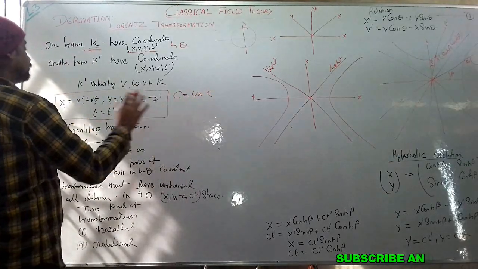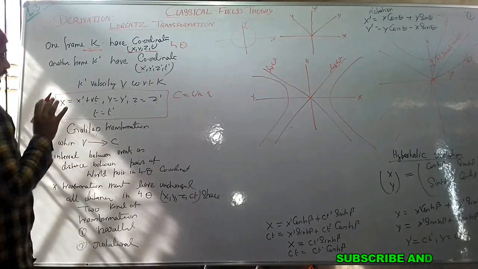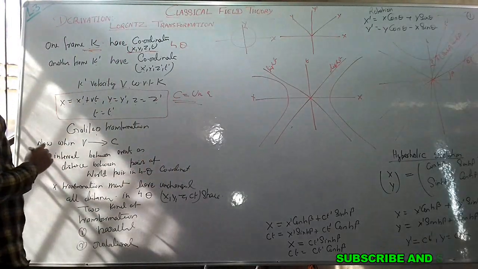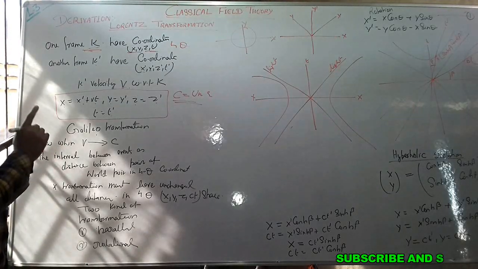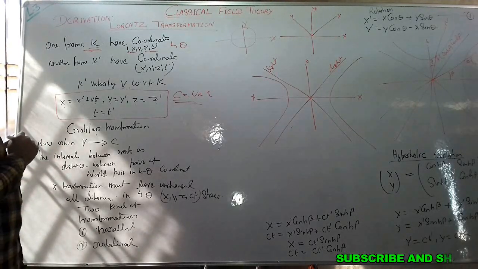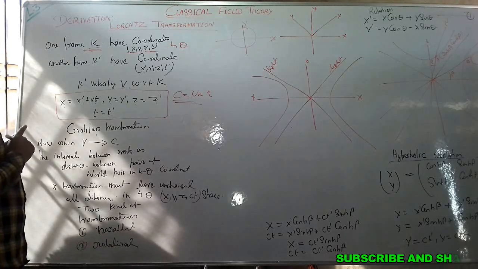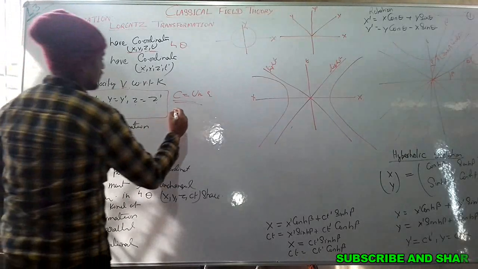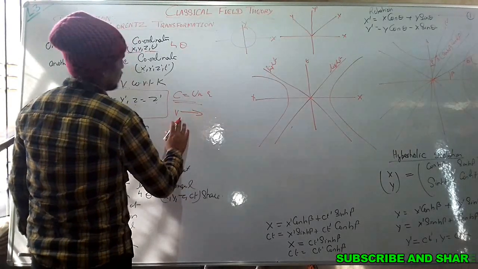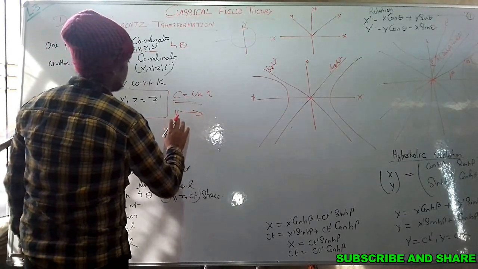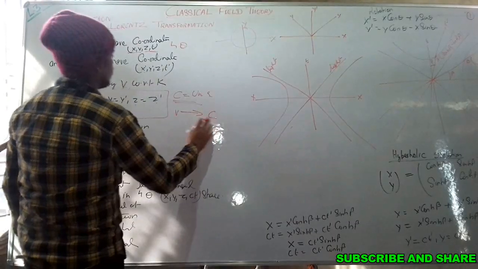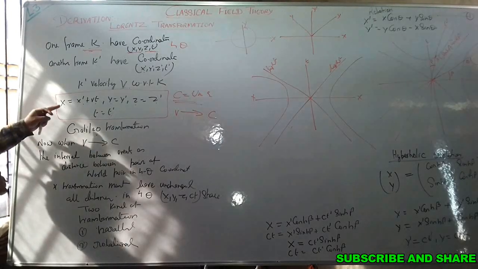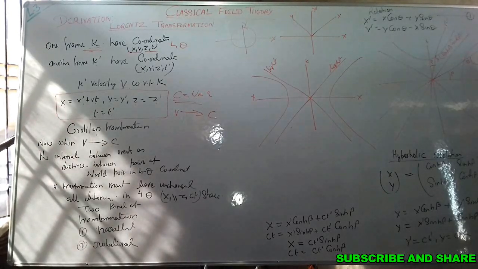So we have to accommodate this fact that c is independent of the observer, and also when velocity v reaches near the speed of light, we have to change the Galilean transformation.